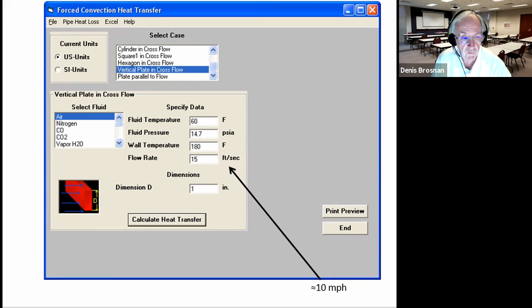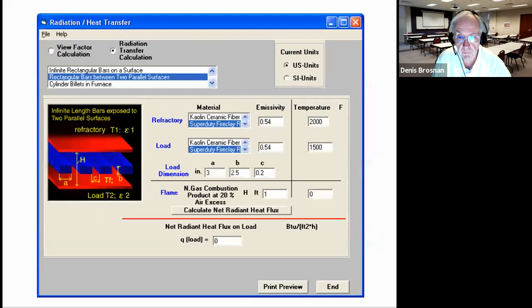But this is a very convenient utility, and this is how the HALC program, Honeywell HALC program, does the calculation. Now, the Honeywell HALC program also has a radiation heat transfer utility, and it talks about radiation heat transfer between two hot surfaces into a load placed between those furnaces.